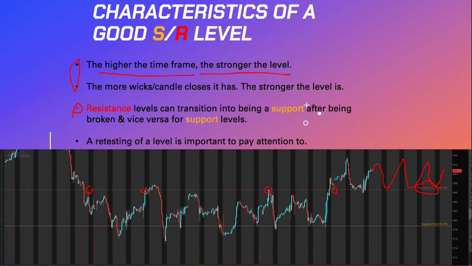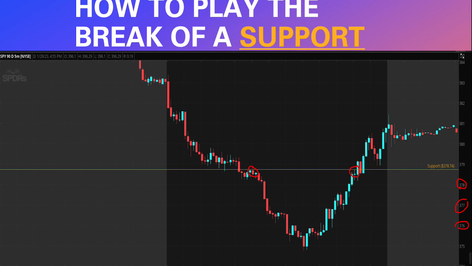So a retesting of a level is really important. That's something we talked about in the last slide, which was this one. A retesting of a level is when the stock breaks below the level that you would take puts at, and it comes up to retest it, just touch it one last time, just to confirm that we are going to continue on down. And it did. So this is a retest. It's really important to wait for.